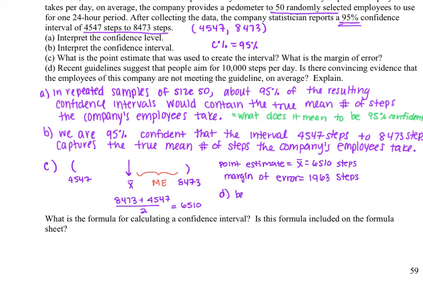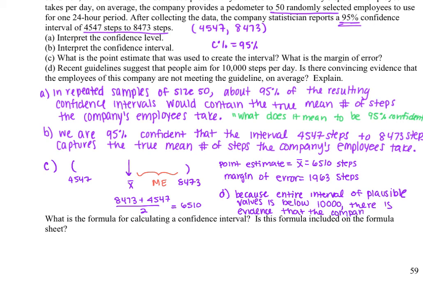So because my entire interval of plausible values is below 10,000, there is convincing evidence that the company is not meeting the guidelines.